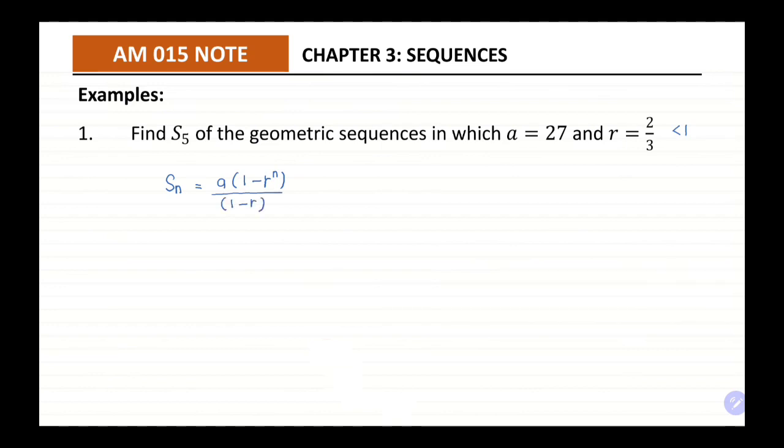Then we want to find S5, so we substitute a equals 27, r equals 2 over 3 and n equals 5, divided by 1 minus 2 over 3. Then we use the calculator to solve, and we get 211 over 3.